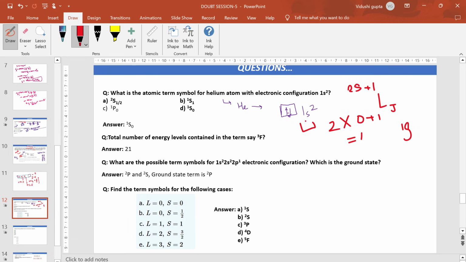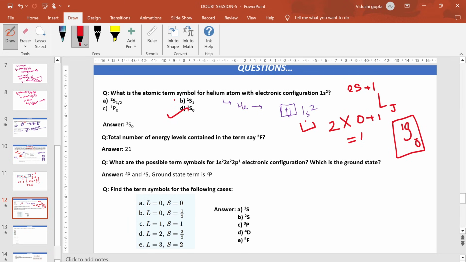J will be L plus S. L is 0, and spin is also 0. So it will be 1S0. So option D is the correct one.